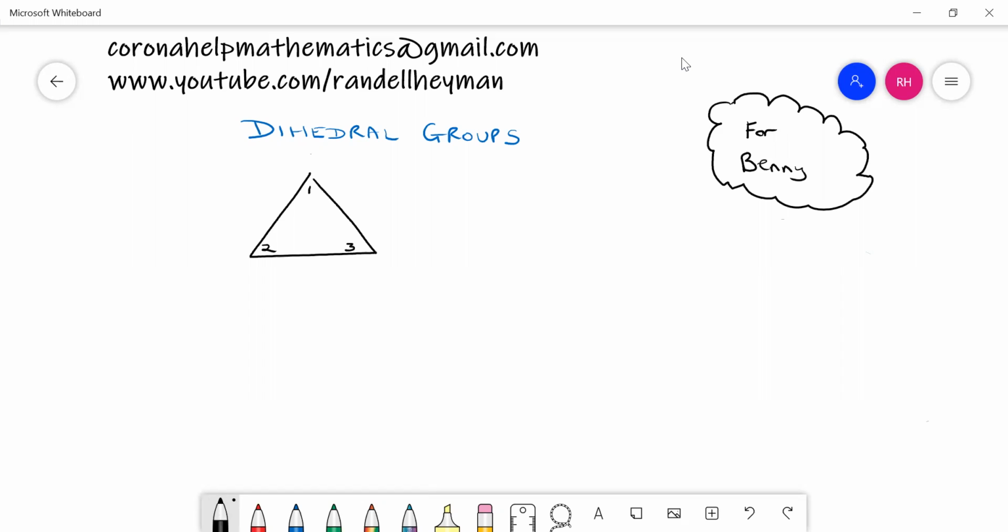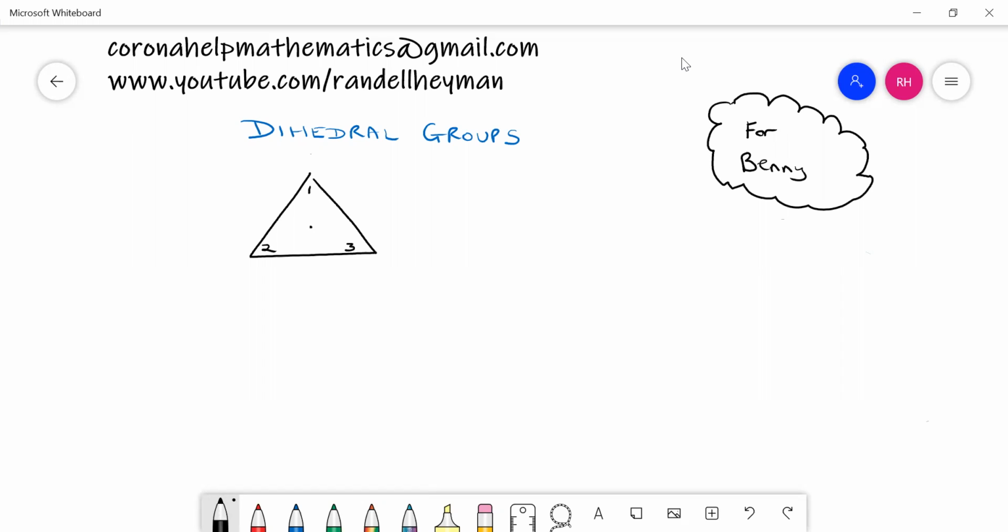Now, there's two sorts of movements we're concerned about here. We can rotate around this center, by 120 degrees or 240 degrees, and the triangle will be in the same position.